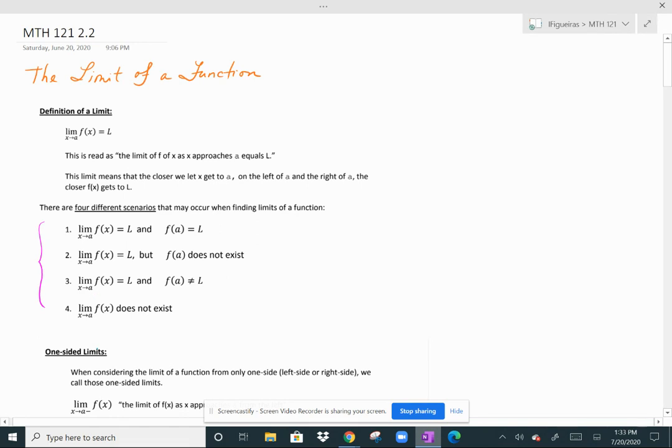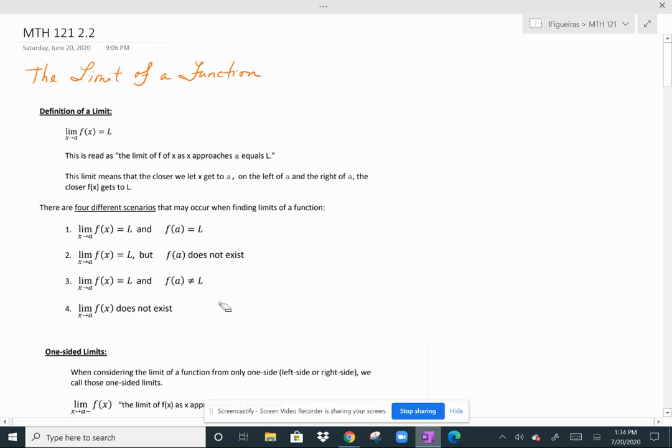The third scenario is the limit as x approaches a of f of x equals L, but the function value has a different value than L. So the function exists, but it's just not the limit value. And then finally, the limit doesn't exist. And there's a few different ways that this last scenario could happen.